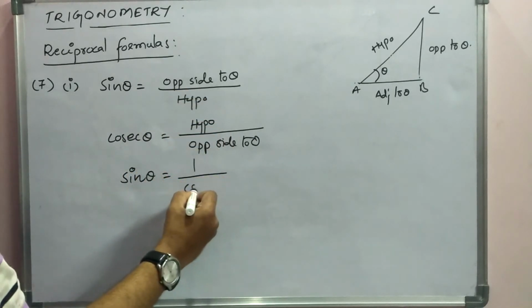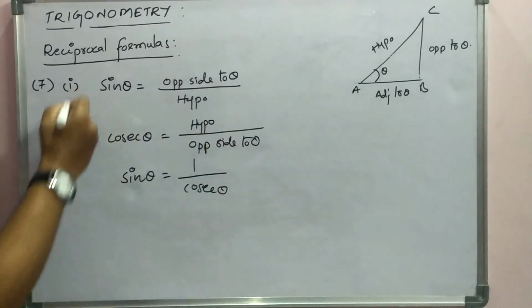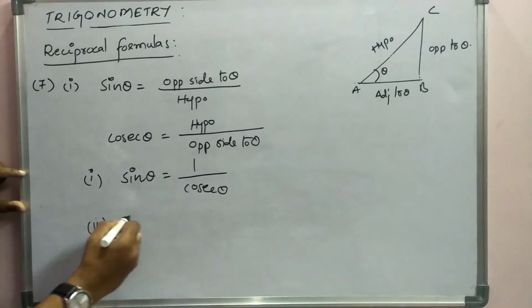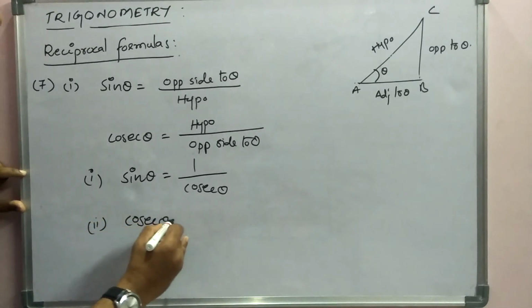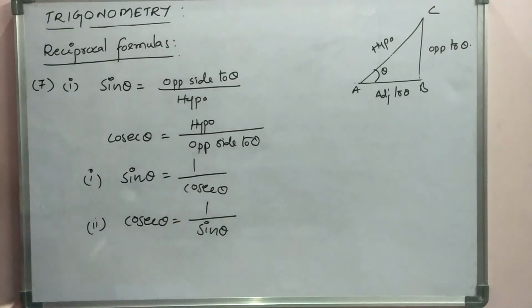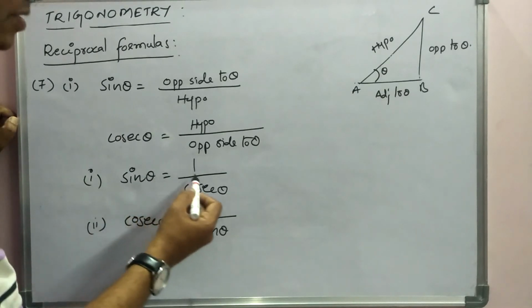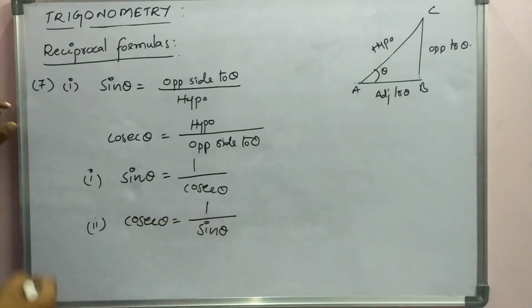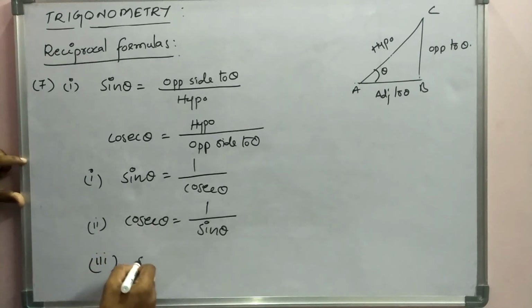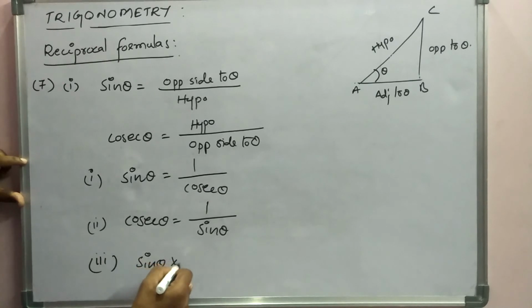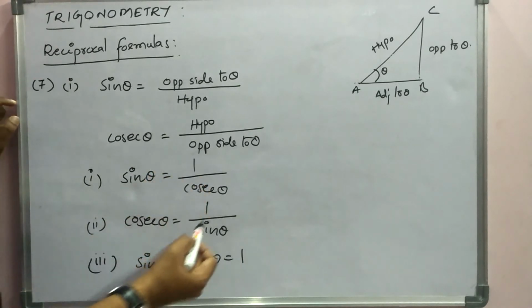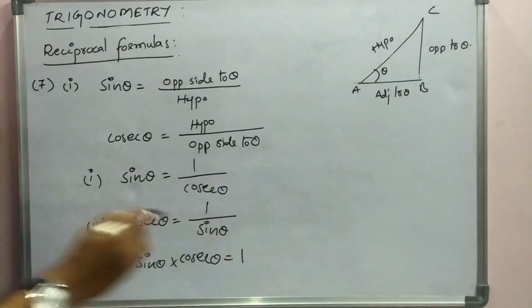We can write cosecant theta as 1 by sine theta, isn't it? So the reciprocal of sine is cosec and the reciprocal of cosec is sine. If we do the cross multiplication, the formula will be sine theta into cosec theta is equal to 1. From these we get 3 formulas.